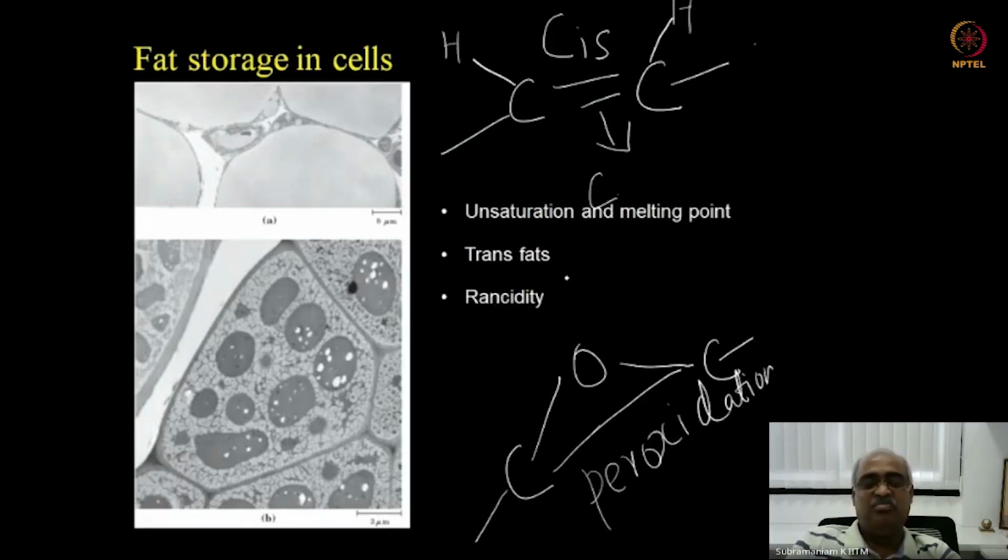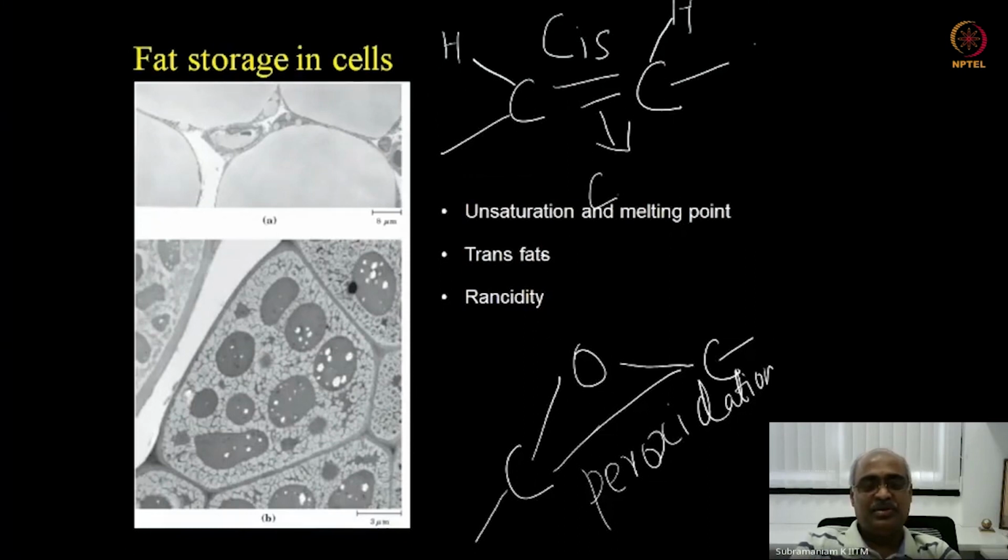Similarly, when you buy bread, read the label, make sure that it is trans fat 0. If you go to a local bakery, a regular non-branded local bakery, they make everything using hydrogenated vegetable oil because that's what makes their products smell good, feel good, taste good, store long, all of that.